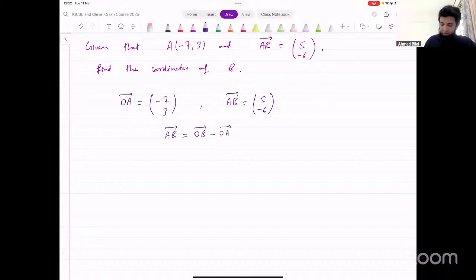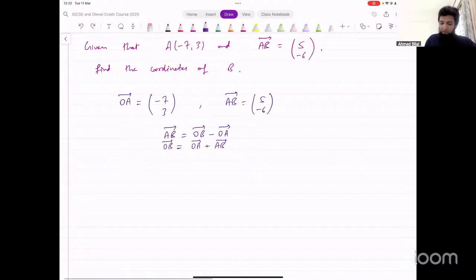What we can do is, we can rearrange this. Since we're looking for B, we can say that means OB equals OA plus AB, right? If we remember this, we can just rearrange that every time to make an equation in which what we want is the subject. And now OB can be found like this.